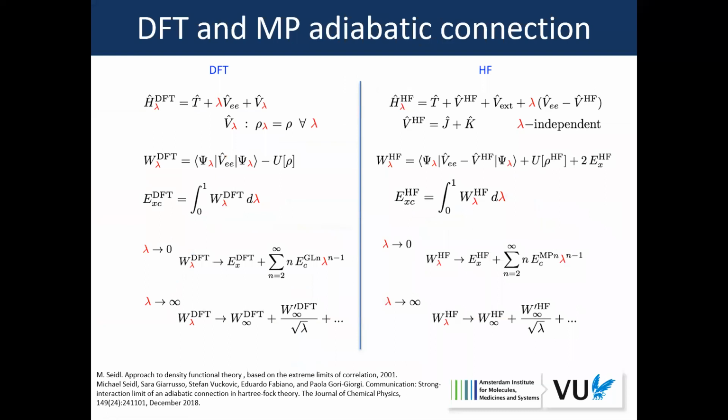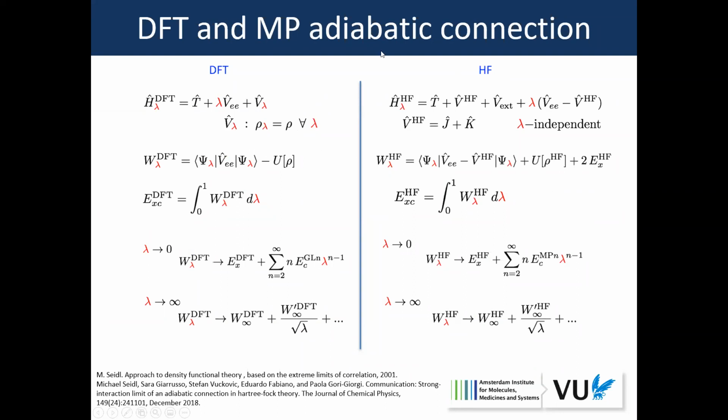So moving on, we have the DFT adiabatic connection, which I think most of you are familiar with. But the main difference between the DFT one and the Hartree-Fock or Moller-Plesset one is that in DFT, you have this density constraint that Mike already mentioned, which means that the external potential must be dependent on lambda.